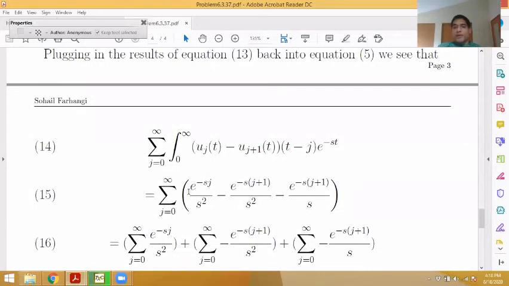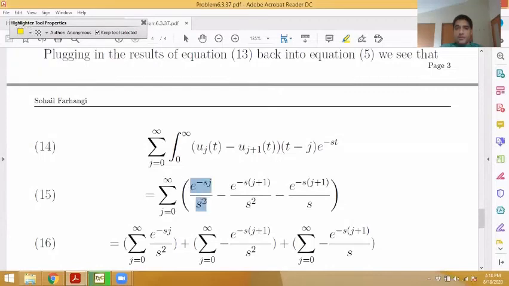So we were at this equation 15 where we had evaluated integrals, and we have now reduced the problem to evaluating this infinite summation. So the first thing we're going to do is, instead of taking an infinite summation of 3 terms, I'm going to split this up into 3 infinite summations of individual terms.